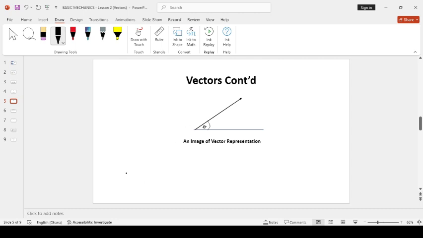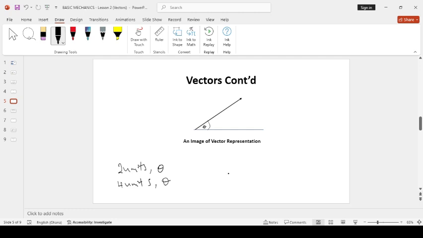For example, let's say I have a vector of 2 units and another vector of 4 units. If I want to represent them and assume that they all have a direction at an angle of theta, then if I represent these two units, it's going to look somehow like this.